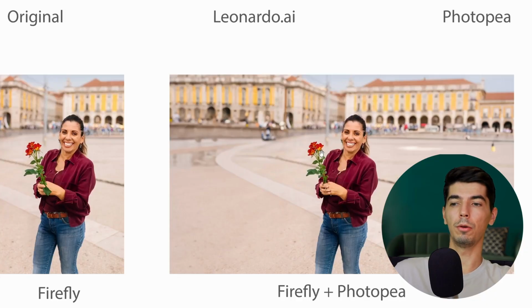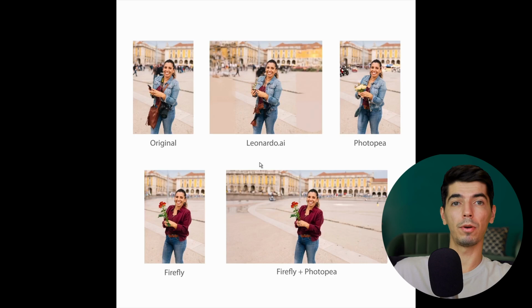At the moment, Adobe is the king of Generative Fill. They are 2 steps forward of any competition, and as you can see, Firefly is free at the moment, so you can use it, you can test it, and you can edit any of your photos in a realistic manner, and you'll be amazed by the results that you get. So if I would make a top of these 3 free tools, would be Firefly, Photopea, and the last, Leonardo.ai.